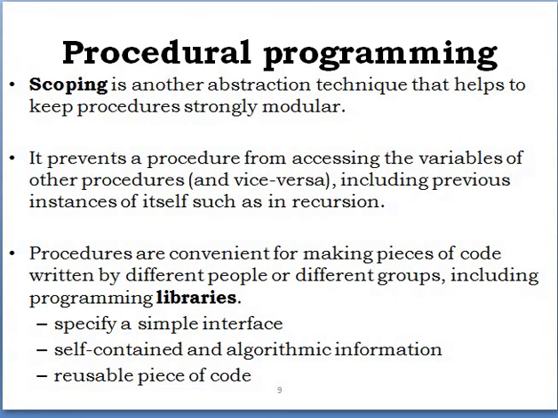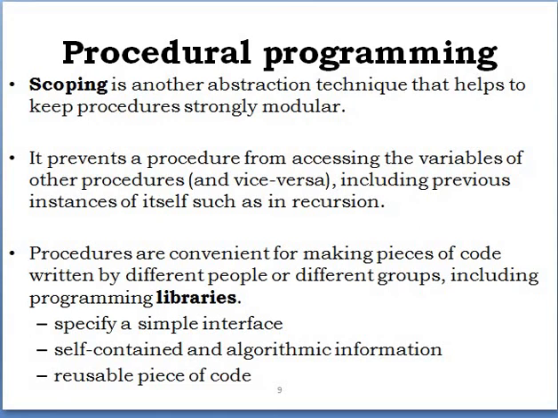In procedural programming, scoping is another abstraction technique that helps to keep procedures strongly in modules. It prevents procedures from accessing the variables of other procedures and vice versa. It includes previous instances of itself, such as in recursion. In recursion, the same method or procedure can be called by itself.